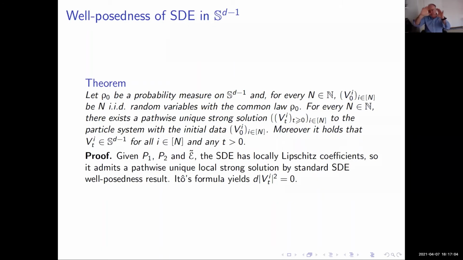And so if you start from an initial condition on the sphere, you will stay on the sphere. So the solution is actually bounded, and therefore it's also a global solution. That's the way you prove that the system of SDEs is well posed and it is moving on the sphere.